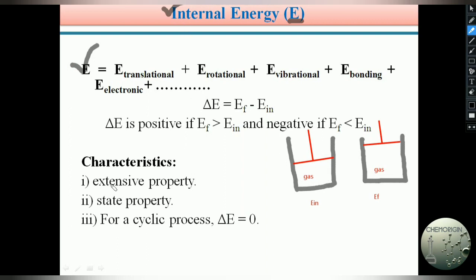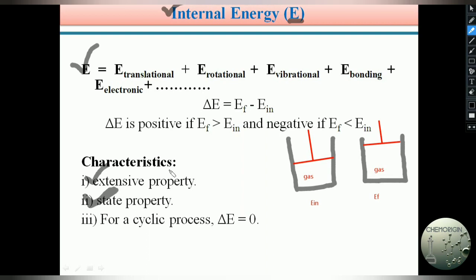So, internal energy is an extensive property. And also it is a state property or state variable or state function. In the previous slide we discussed this state function. So with the change in state of the system, the property may vary. Therefore internal energy is a state property.